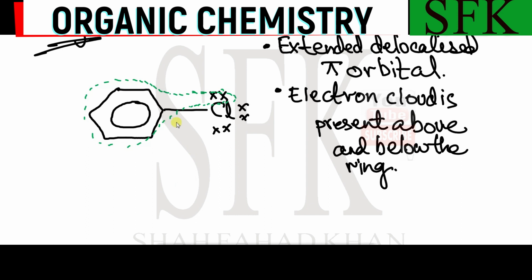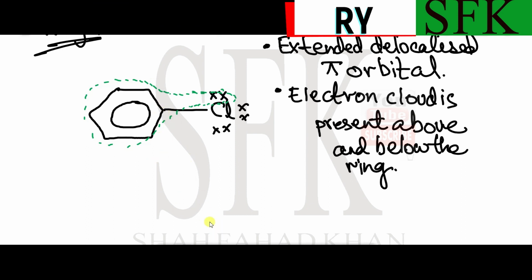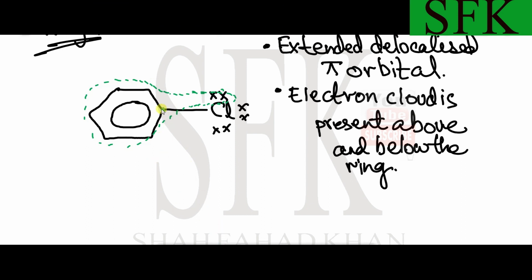This carbon, which is directly attached to the chlorine atom, is partially positively charged because the chlorine atom is partially negatively charged. If there is going to be a nucleophilic attack of OH negative on this compound, it is going to attack this partially positively charged carbon atom, because nucleophiles are attracted to regions of positive charge.